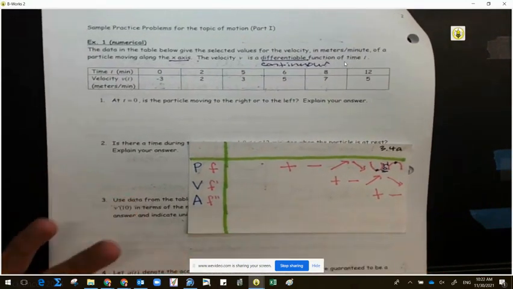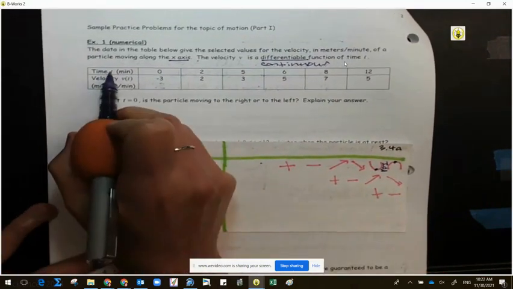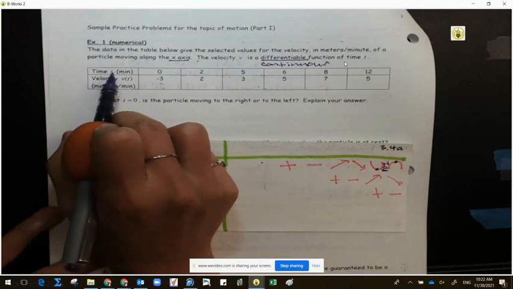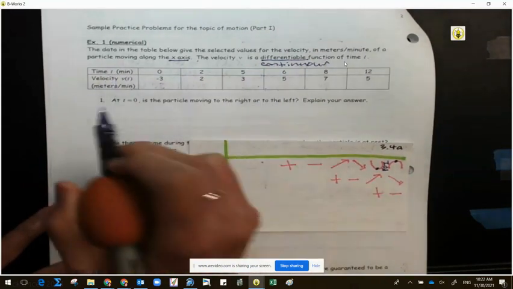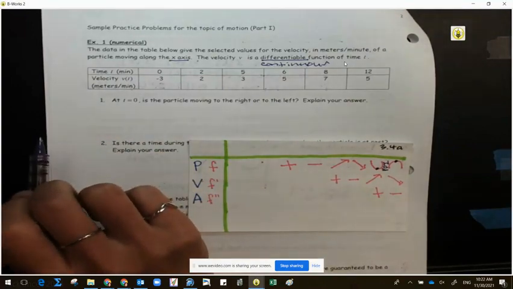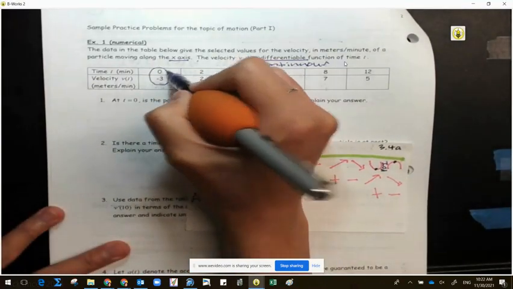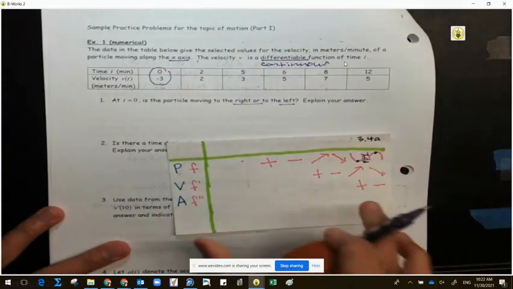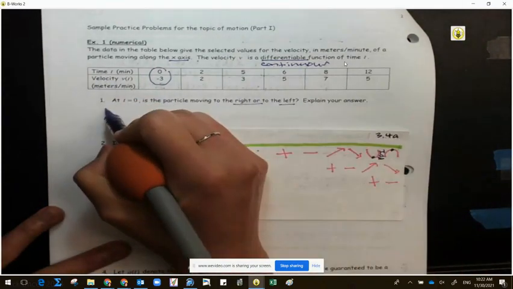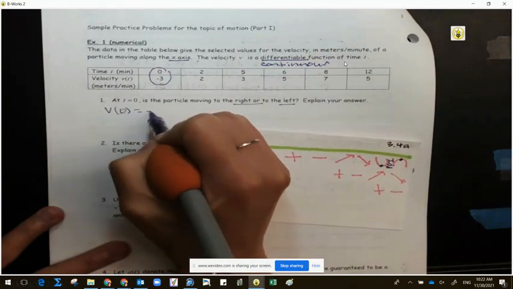So let's analyze what it's asking us for. First of all, our independent value is t. Dependent is the velocity, not the particle or the acceleration. So at t equals 0, let's circle t equals 0. Is the particle moving to the right or the left? Just by looking at this, let's write out v of 0 is equal to negative 3.